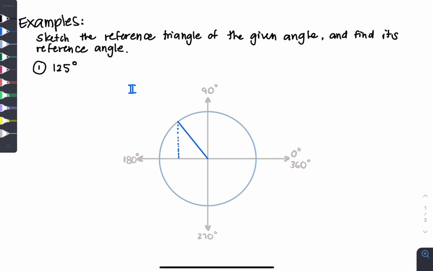The reference triangle is always going to form a right angle with our x-axis. And we can also identify our reference angle between the terminal side and our x-axis.